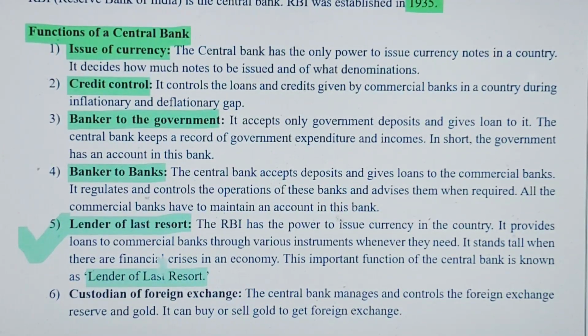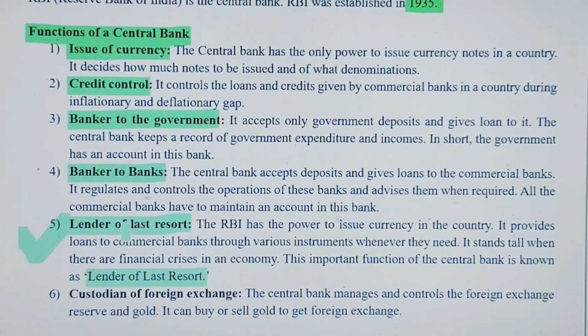That means whenever the economic conditions of a country or a commercial bank are deteriorating, the RBI comes into action. It tries to save the country, it tries to stabilize the economic conditions of the country. So it is the lender of last resort.